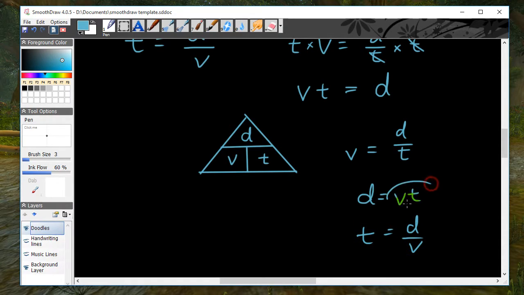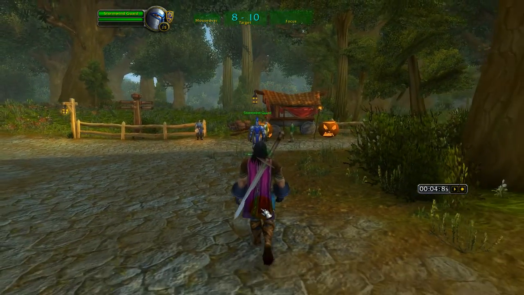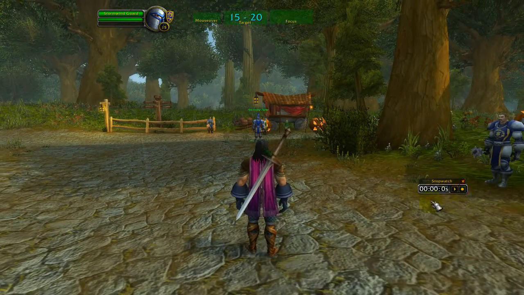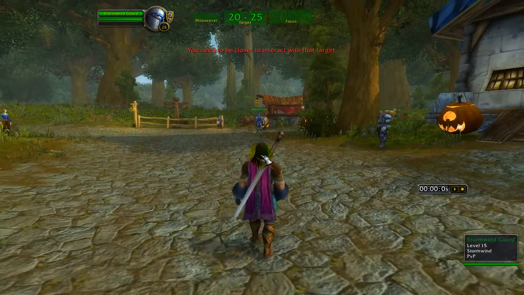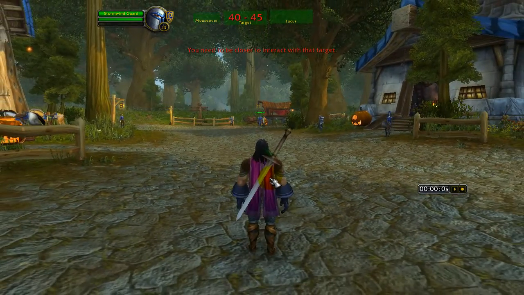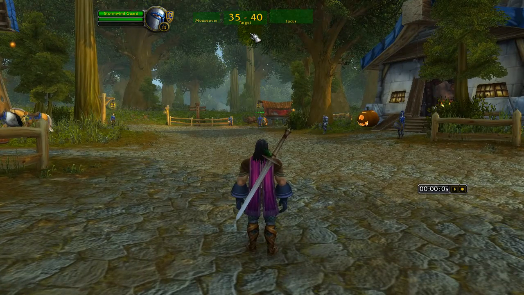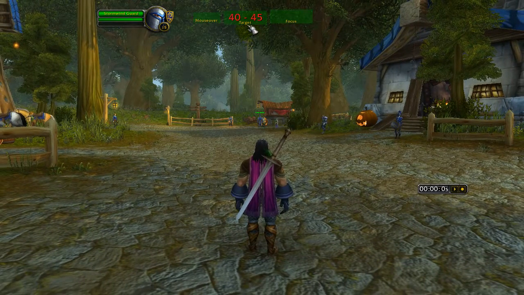So let's test this out. The distance is velocity times time. Let's say I didn't know what distance I was standing from the target. I know it's 40 because that's what it's saying on my target, but let's say I didn't know, and I was simply timing myself to see how long it takes to get to my target.